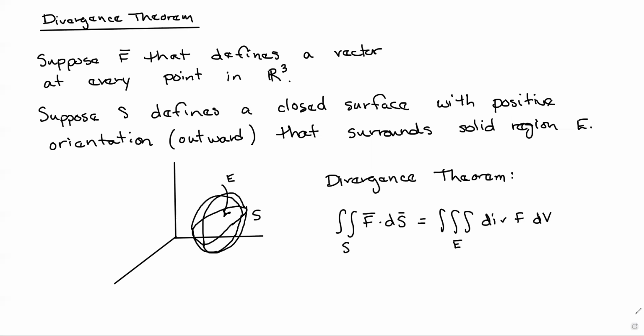So what is this saying? What is the divergence theorem? Let's go through and analyze each side of this just to translate it, so that we can understand what it's getting at here.